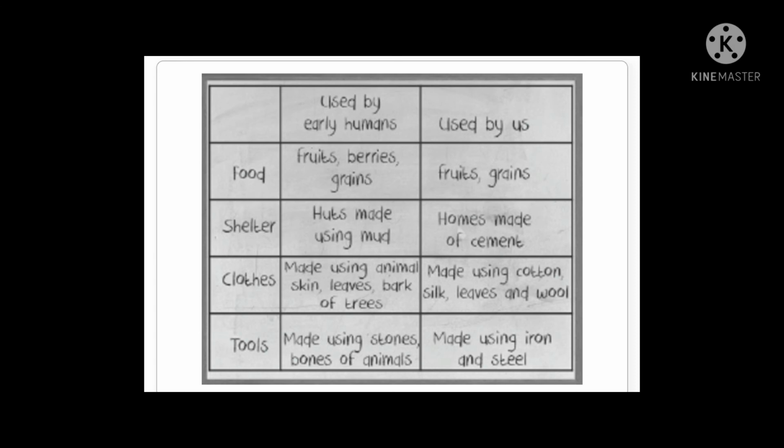They lived in caves and huts, but now we have houses made of cement and concrete. They used stone tools, bones of animals or wooden tools. We use iron tools or tools made with metals. These are the important changes. Unlike early humans, we eat cooked food like curries and sweets.